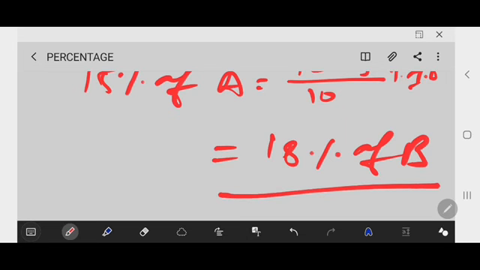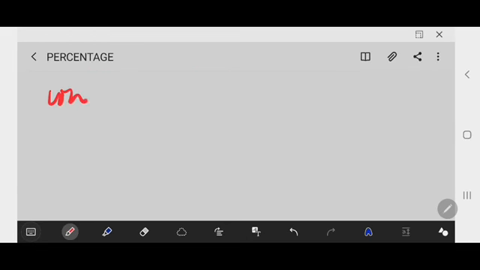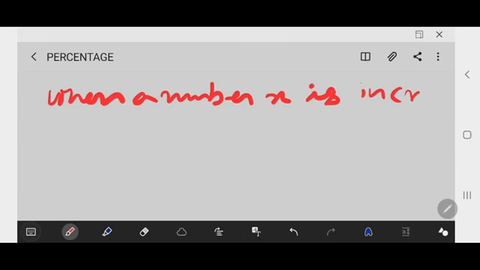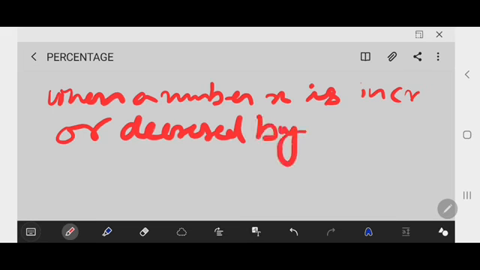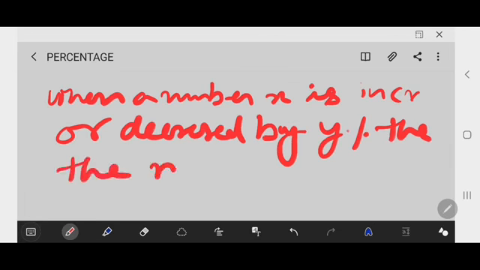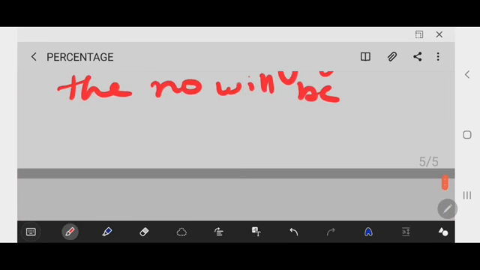We'll discuss this set of tricks in the next example. The next question is, when a number x is increased or decreased by y percent, then the number will be 100 plus or minus y by 100 into x.